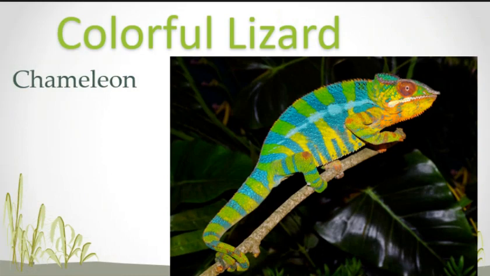Furthermore, they have these awesome eyes that can move independently. You've seen that probably in the cartoons. They move those eyes around independently, and they're kind of crazy looking. They can also change their color pretty quickly, and you can watch them change their color in front of you. If you had a pet male chameleon and he looked in a mirror, he would think there was another male chameleon there.